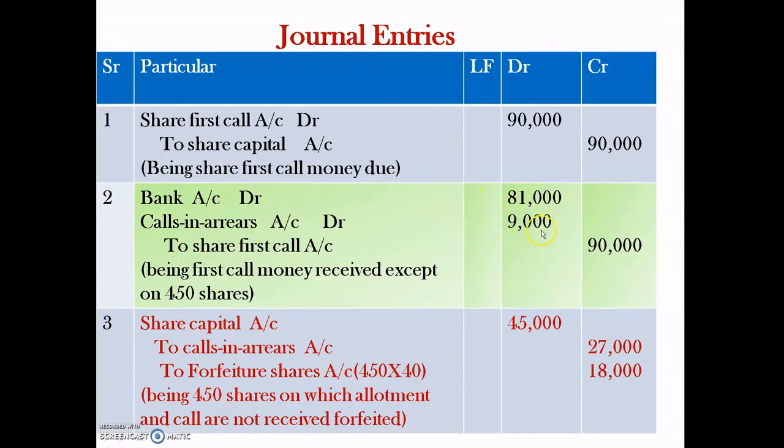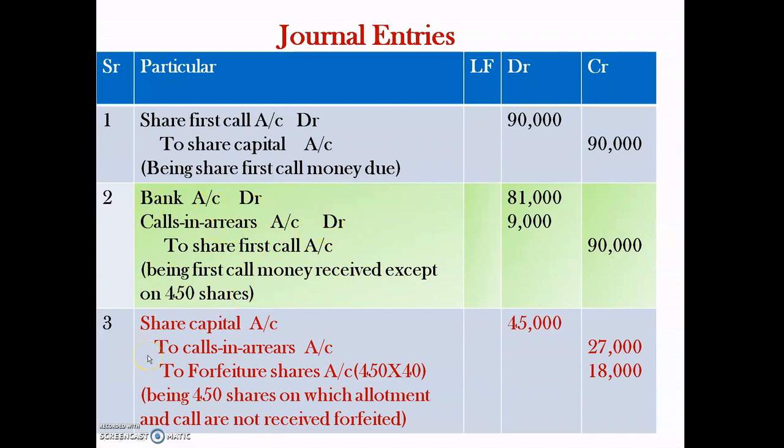And the remaining balance, when this 9,000 is subtracted from 90,000, will come 81,000, which we have to write under bank account debit in the debit column. So bank account debit is 81,000, calls in arrear is 9,000, and to share first call account is 90,000. Being first call money received except on 450 shares. This is the entry of calls in arrear.